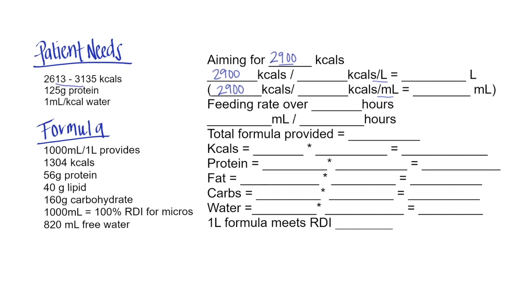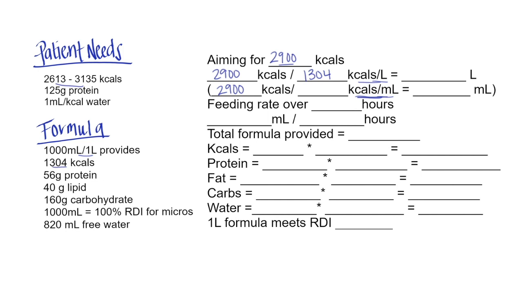So from the information on the left-hand side, I already told you that 1 liter of formula is going to provide us with 1304 kcals, and so I know that if I'm looking for kcals per liter, that number is going to go right there, that 1304. But if I was looking for this unit of kcals per mL, it's actually pretty easy to get that information, even though it's not technically on the left-hand side of our screen.